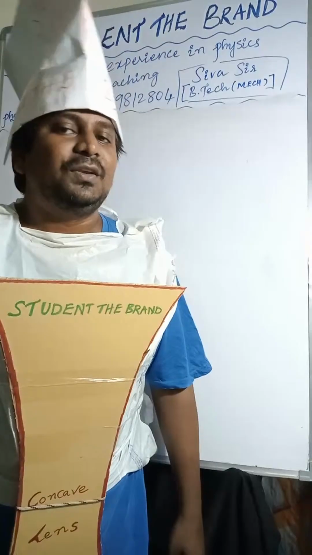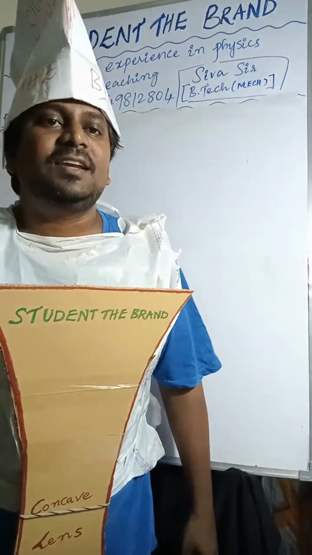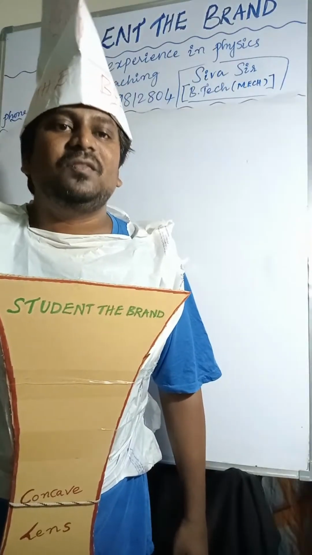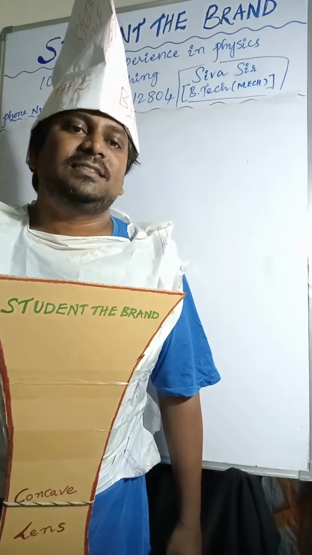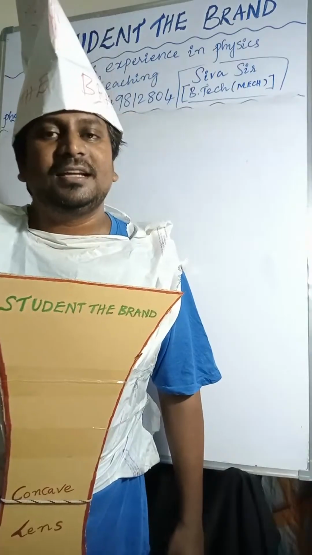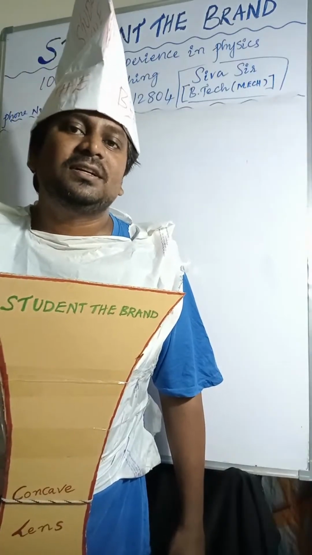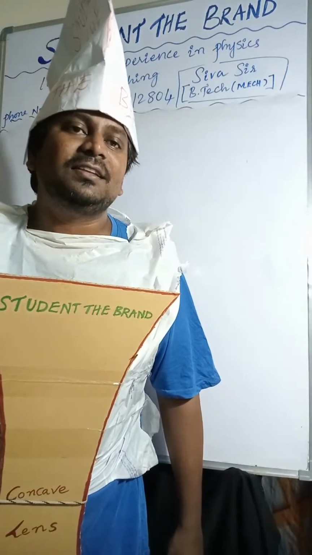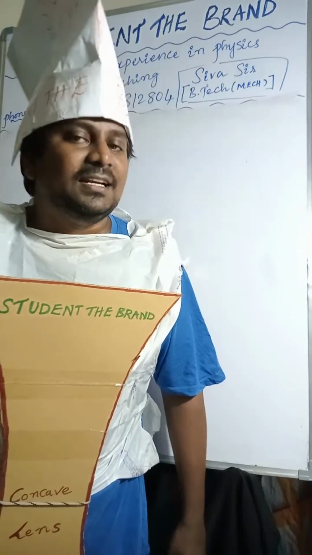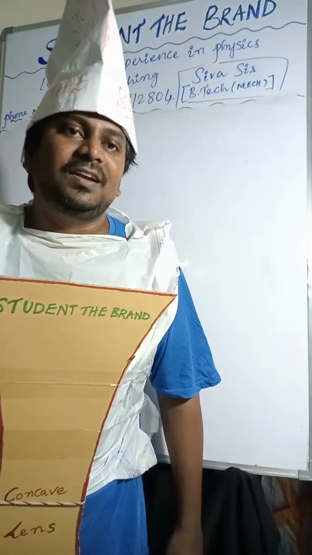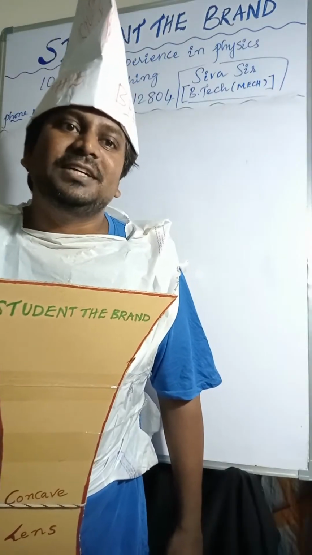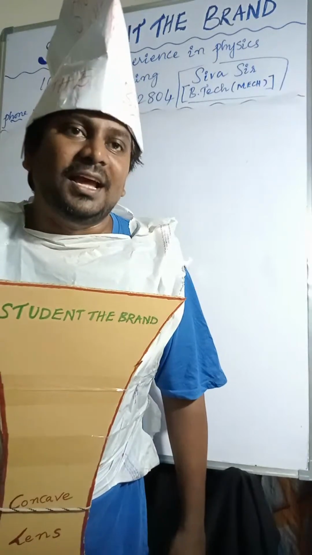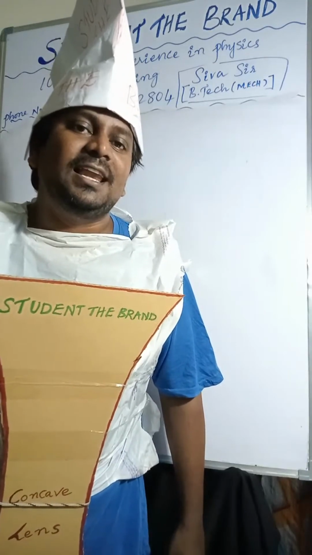New Cartesian sign convention. All distances are measured from the pole. Distances are positive along the direction of the incident rays. Distances are negative opposite to the incident rays. Distances are positive above the principal axis.